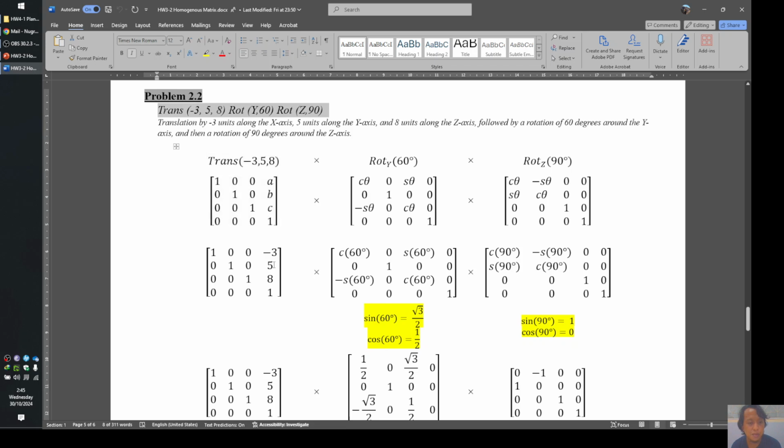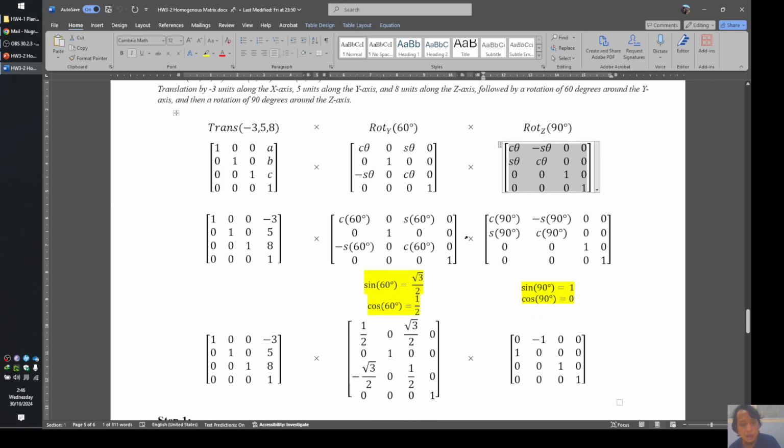We have this matrix, because x is minus 3, y (or b) is 5, and c is 8. For the rotation around the y-axis we use this template, and for the rotation about the z-axis we use this template.